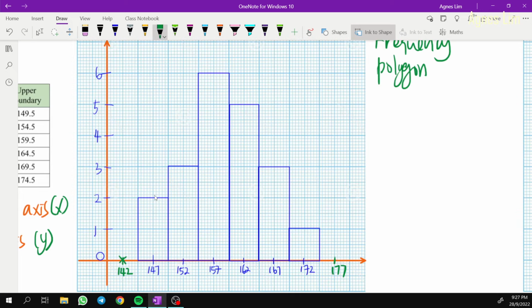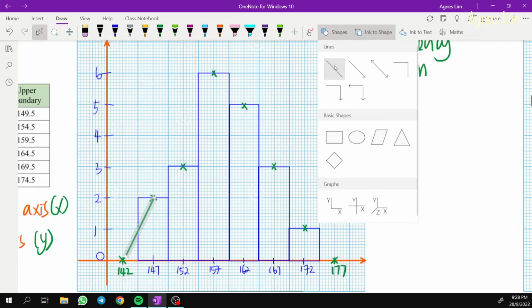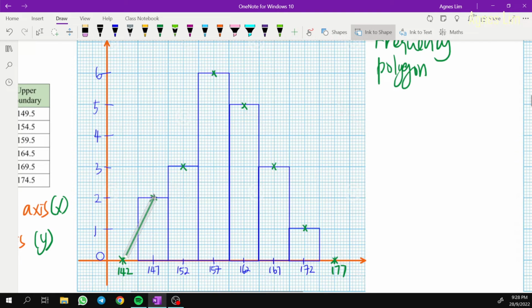So you mark the small x, the frequency, in the middle of our histogram, till the last one, 177, which doesn't have any frequency at all. And then very easy, use your ruler, connect all the points together. That's it. Okay, just like this.